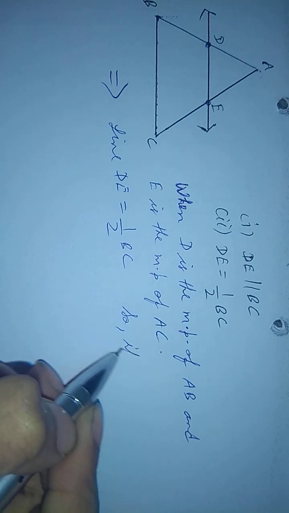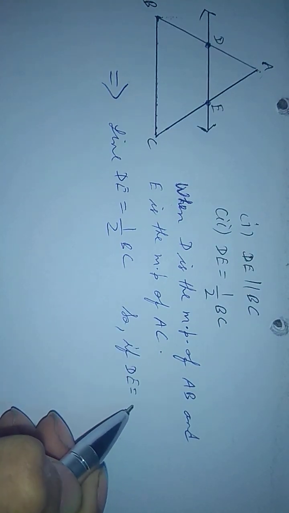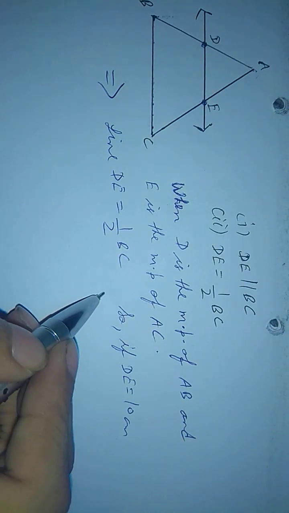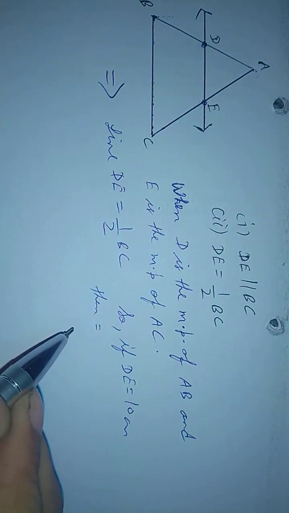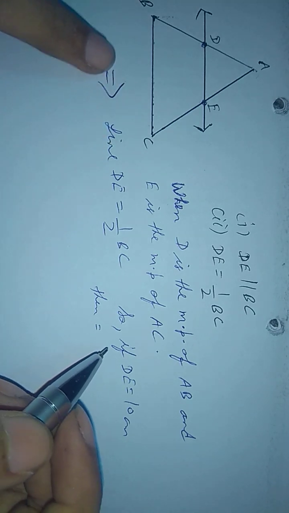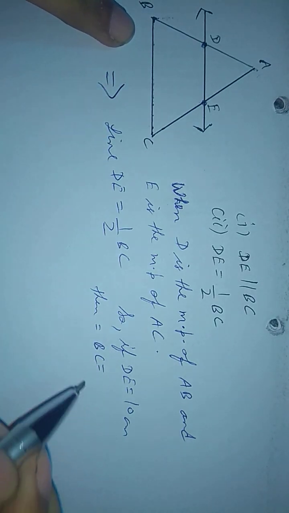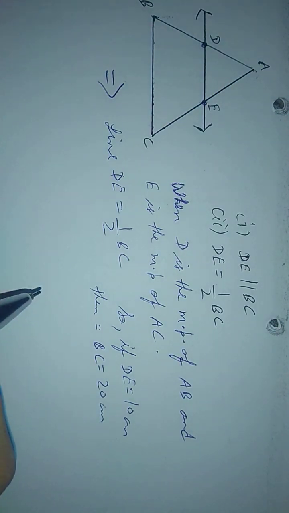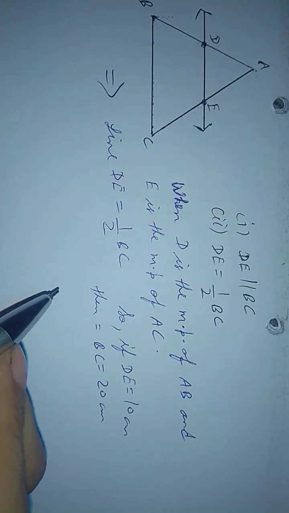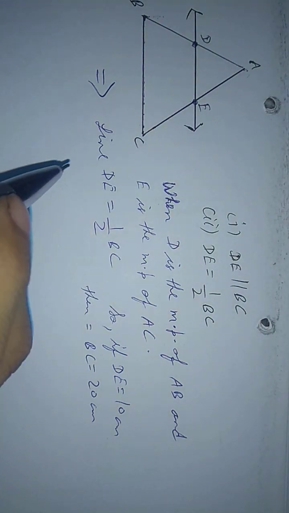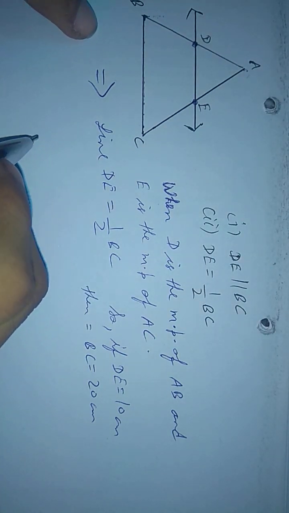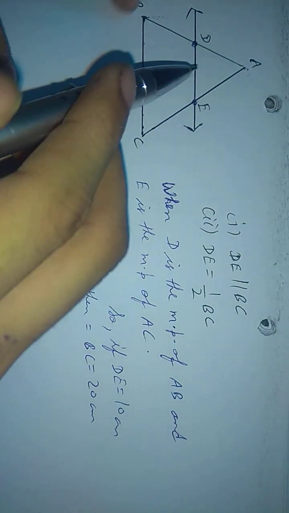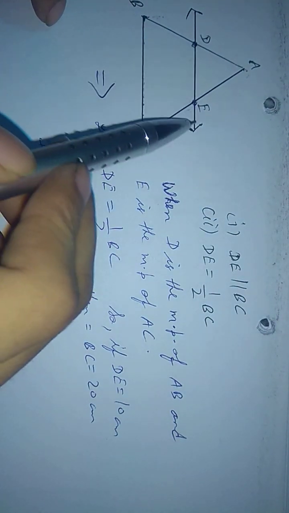So if DE is equal to 10 centimeter, then BC will be 20 centimeter, and also DE will be parallel to BC when these both are midpoints.